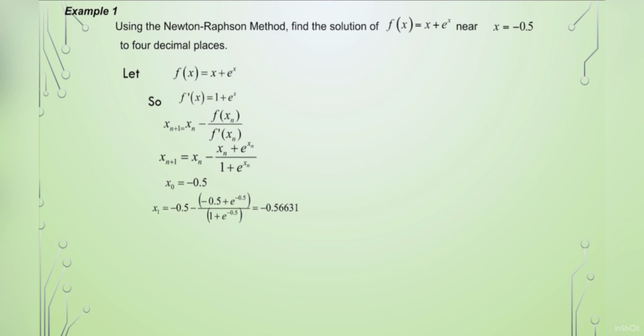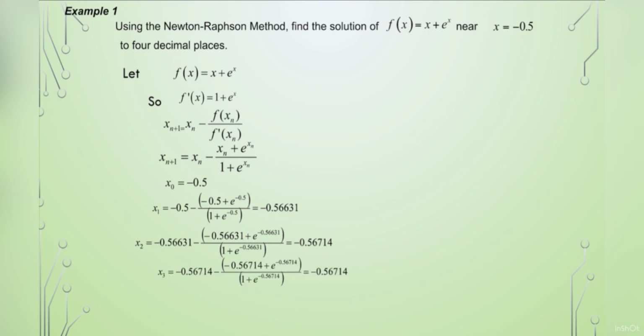And we calculate this, we will have -0.56631. We use this value to find the next x2. You can see, just input into the formula, and then we have the value -0.56714. We repeat the same process in order to get x3.